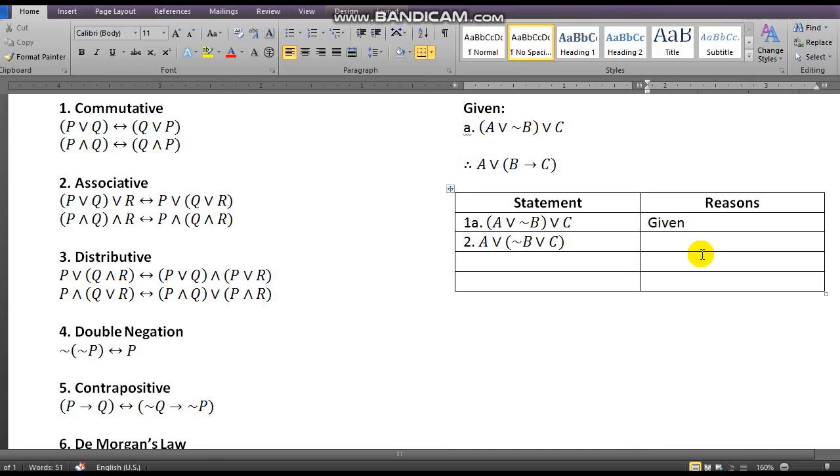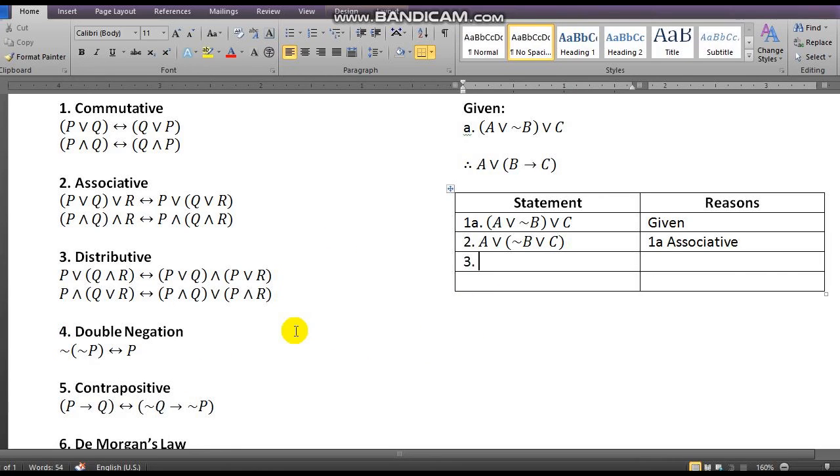What we just manipulated is statement 1A. So that is 1A associative. We're going to include this number here to indicate that this is the statement that we just manipulated.